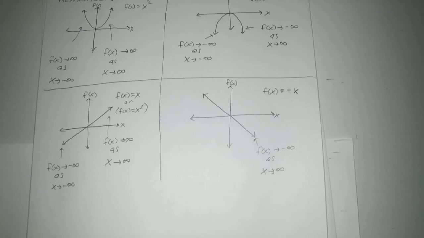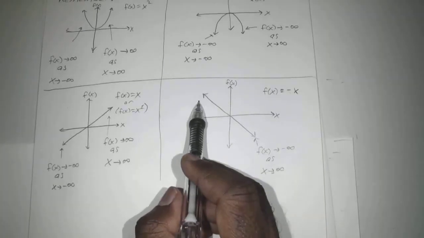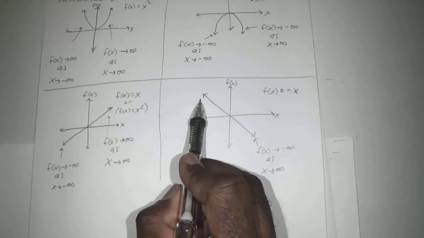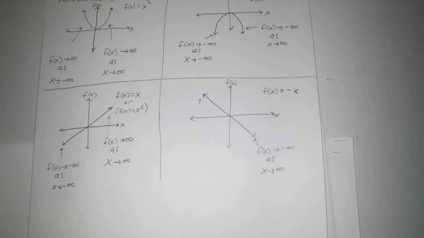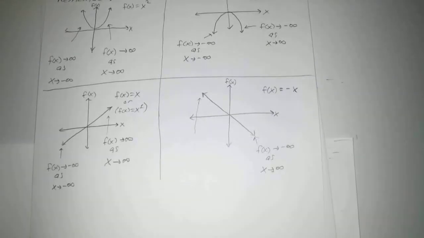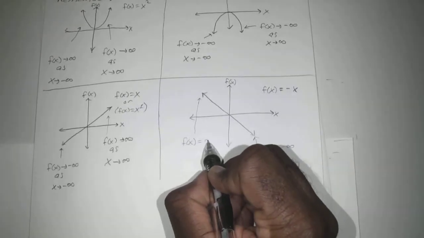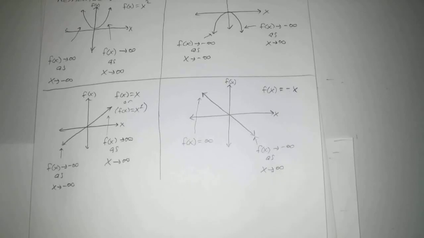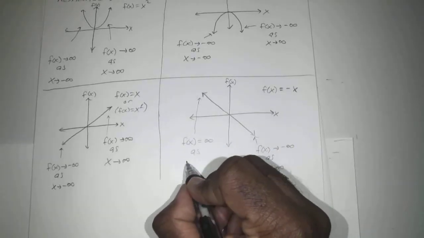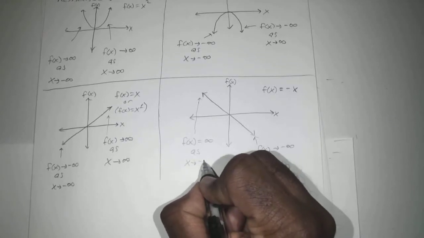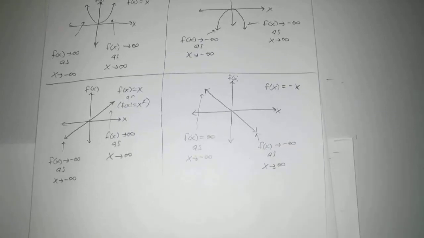Okay. Now with this one, if you notice the endpoint is getting higher and higher and higher as x is getting smaller and smaller and smaller. Okay, so for this endpoint, your f of x is actually getting bigger, or your y value is actually getting bigger as your x is getting smaller. So as x approaches negative infinity.